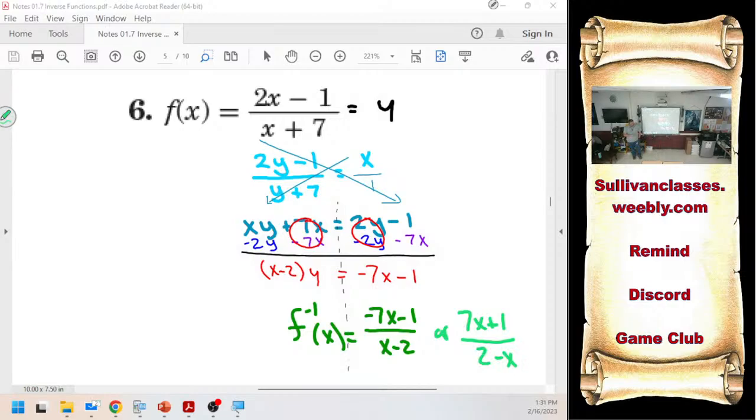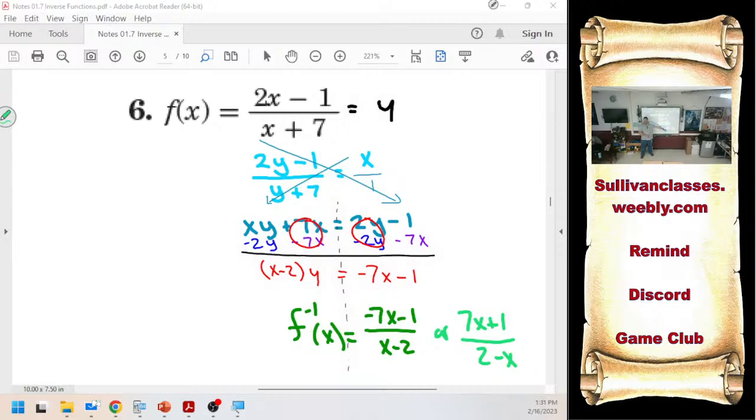They're the same thing. Negative x plus 2, 2 minus x, same difference. So either of those is fine.